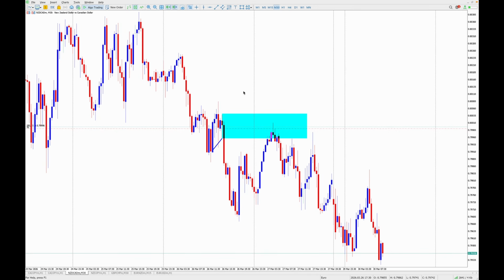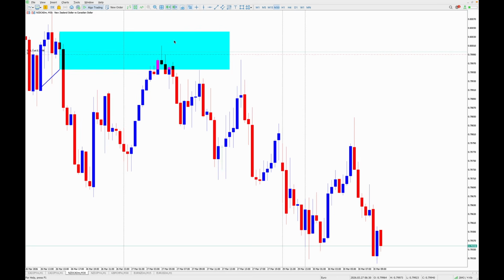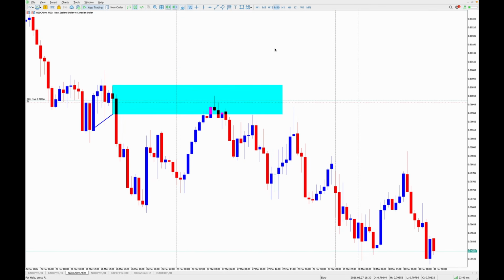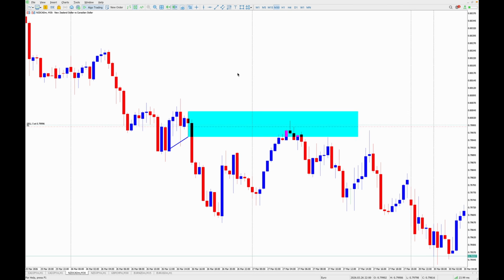So this is where we would be interested in getting involved in the market, as we confirm it with the market structure. So as you can see, what we have right here is this supply zone being created and a very sharp move to the downside. The key thing that you should be looking out for is the momentum out of that area.